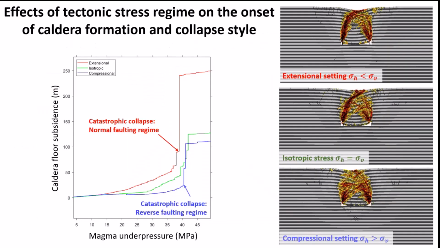My student systematically varied this earth pressure coefficient so that we could model an extensional setting like a normal faulting regime, or a compressional setting, a reverse faulting regime. We also looked at an isotropic stress. What you have here are curves of caldera floor subsidence as a function of the magma underpressure. Perhaps as expected, you can see that the onset of collapse occurs much earlier in the normal faulting regime than in a reverse faulting regime.